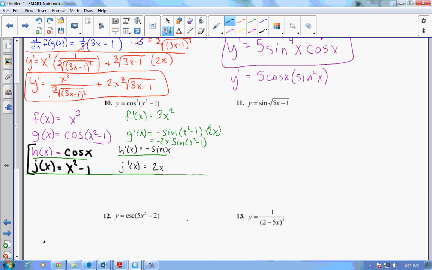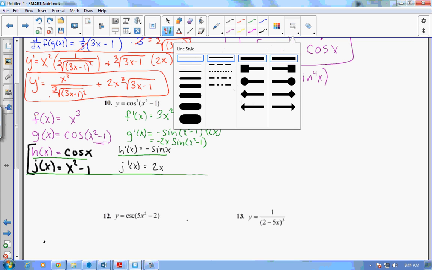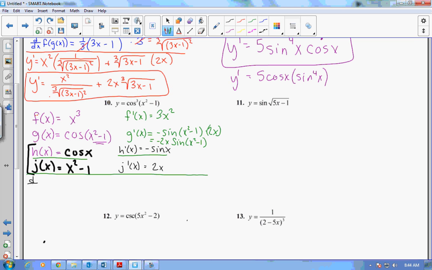Let me come up to the board so everyone can see. So, d dx of f of g of x equals f prime, which is what? 3x squared. So I'm going to put parentheses because I'm going to stuff in there. What do I stuff? g, which is cosine. That's your cosine, Gisu.